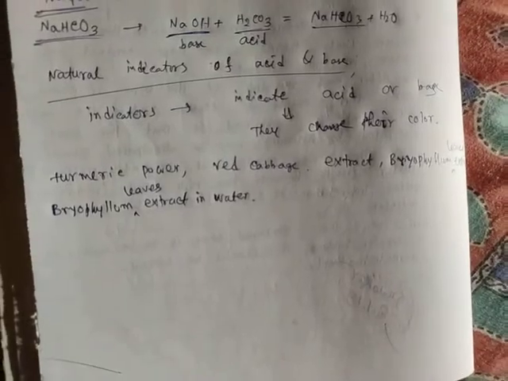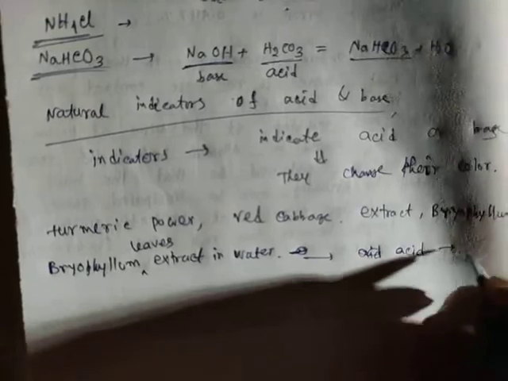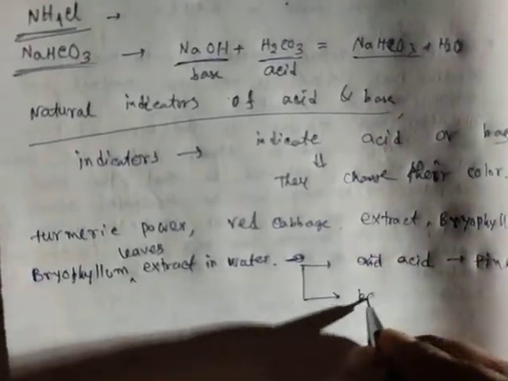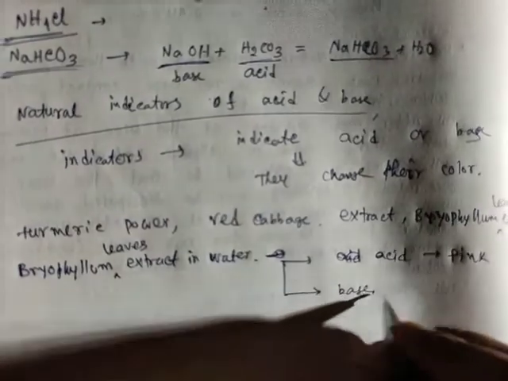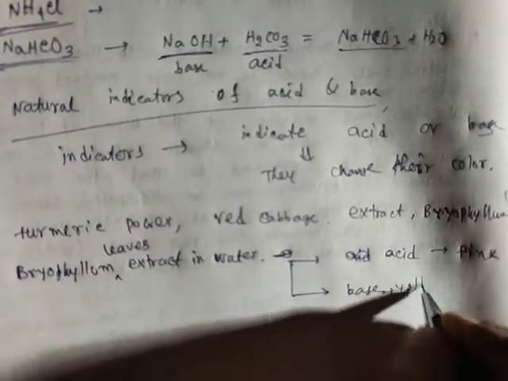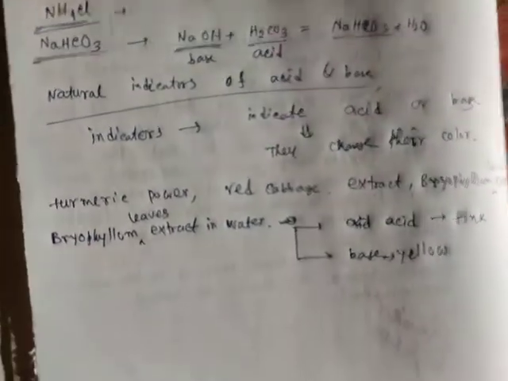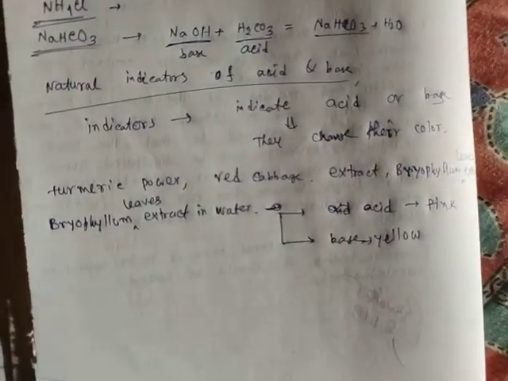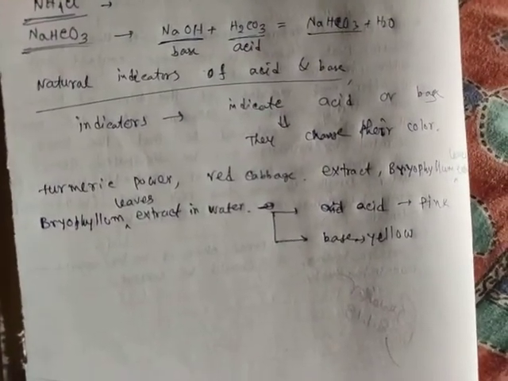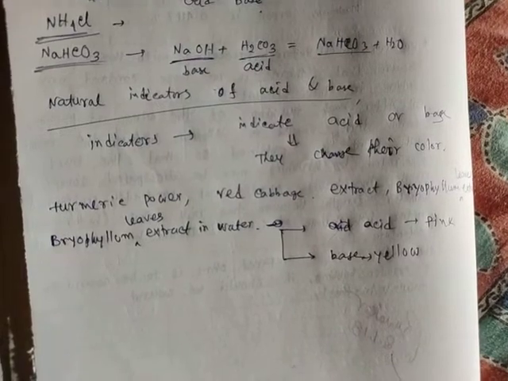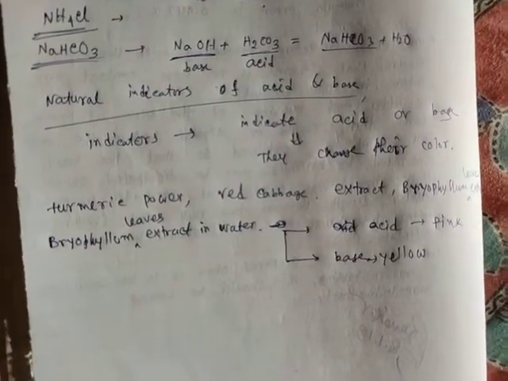Then if we mix this with acid, it gives a pink color, but in base it gives a yellow color. Suppose you are given an unknown liquid and you have to say whether it is acid or base.